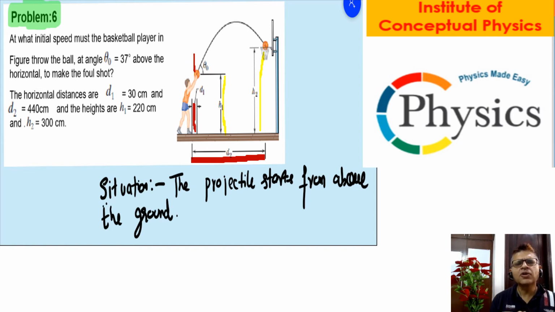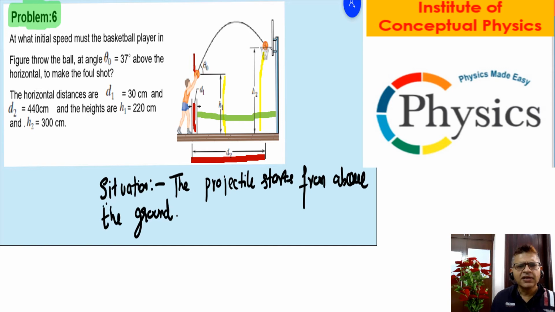Now let's see what the coordinates are if the position of the ball is treated as the ground. Horizontally, the distance between the basket and the hand is d2 minus d1. So the true distance, which is between the position and the basket, is this one, right?